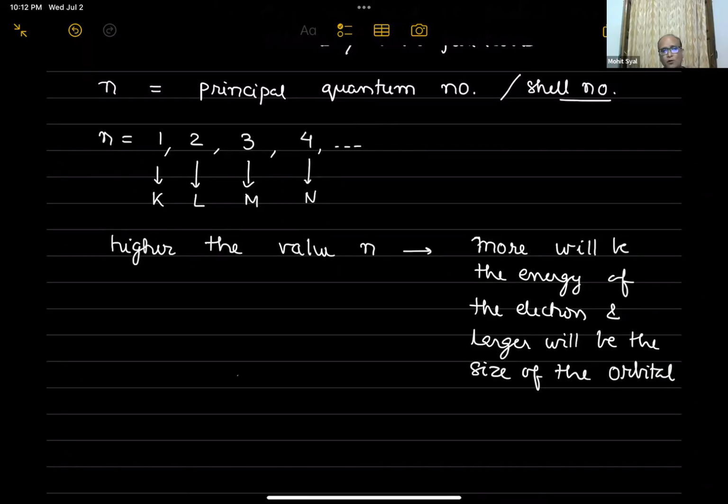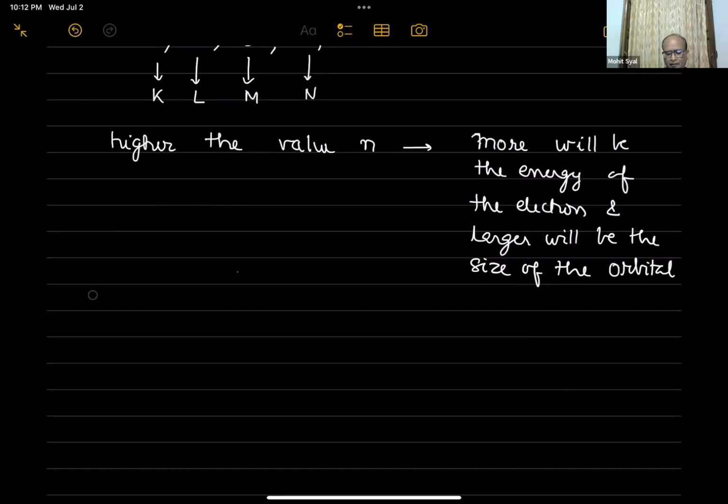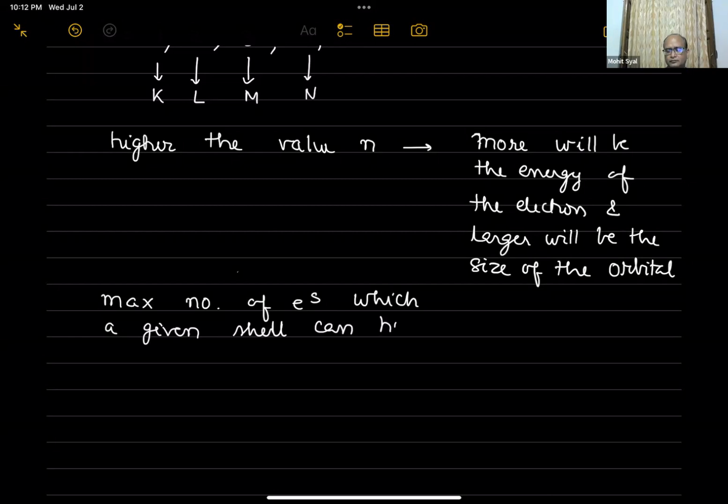With the value of n, you can also find the number of electrons present in each shell. So what is the maximum number of electrons which a given shell can hold?